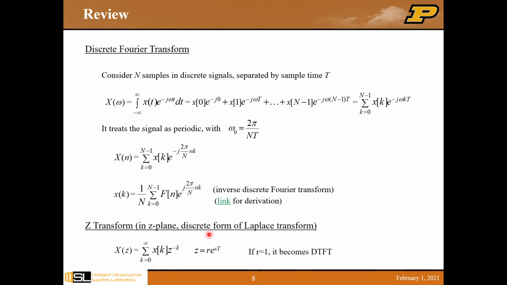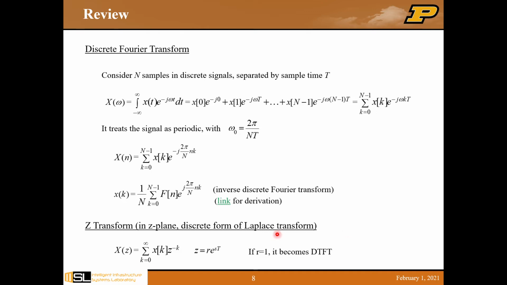The other similar transform, which also applies to discrete signals, is called the Z transform. It corresponds to the Laplace transform, which is applied to continuous signals. This transform projects the signal into the Z plane.